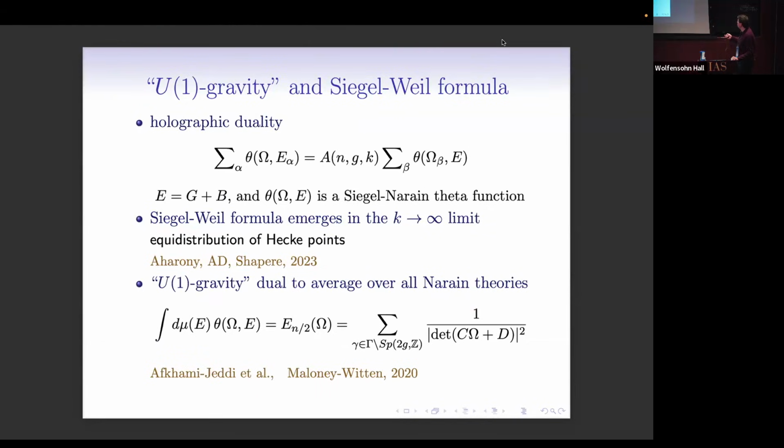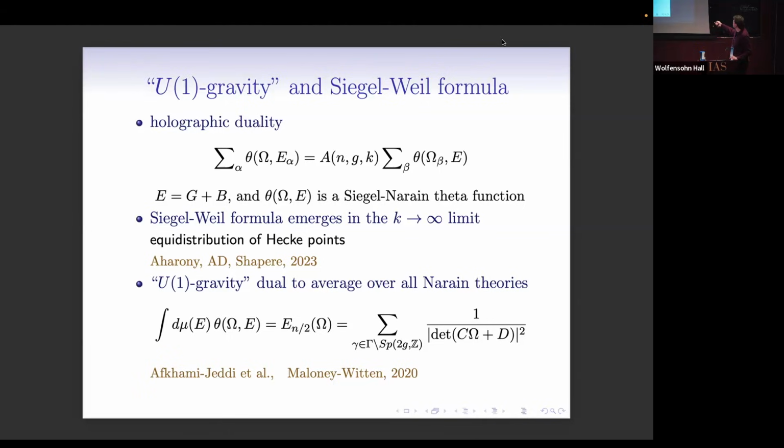So what will happen if I take k to infinity? Well, if you take k to infinity, all of these points will populate the Narayan moduli space more and more densely, and in the limit they will populate it homogeneously with a canonical measure, and therefore you can substitute the sum here by an integral.